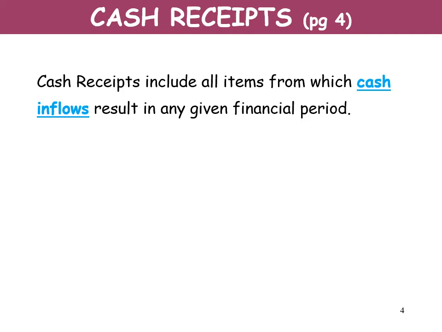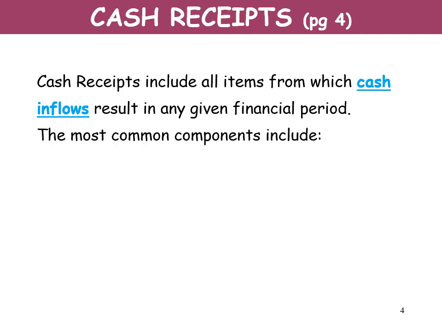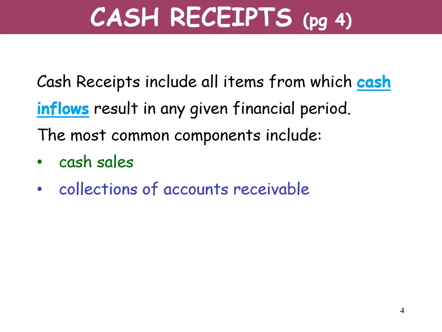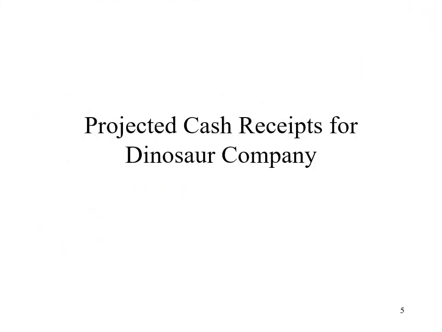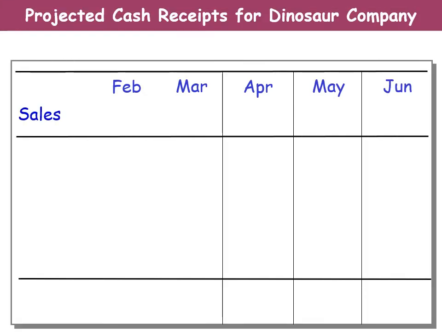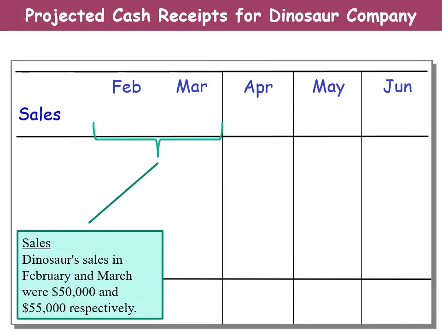Cash receipts include all items from which cash inflows result in any given financial period. The most common components include cash sales, collections of accounts receivable, dividends received, proceeds from sales of assets, taken from the question.